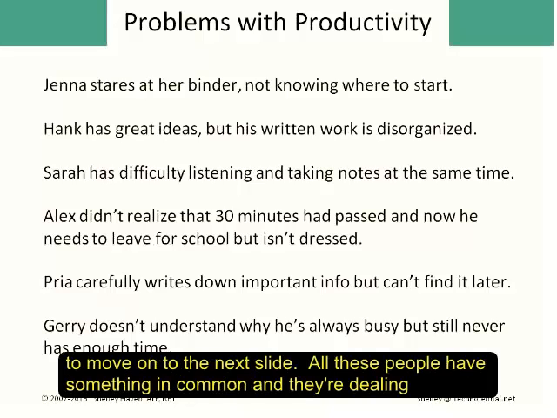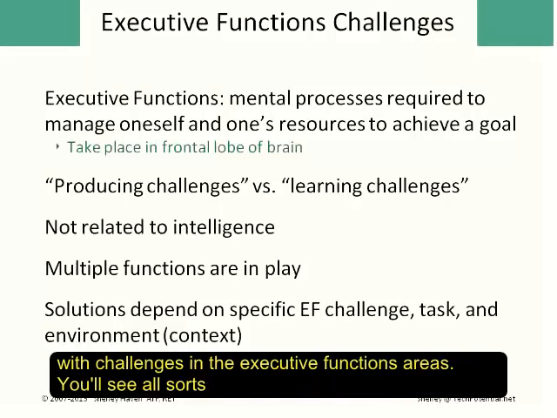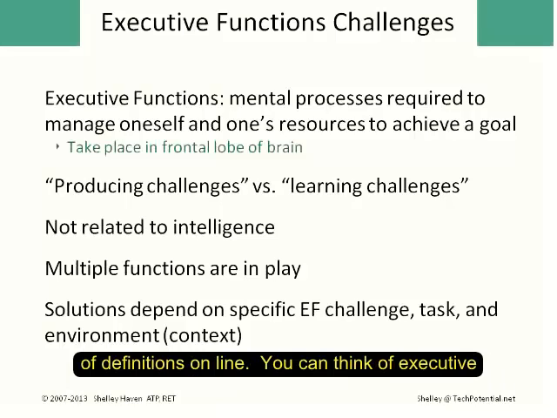I'm going to move on to the next slide. All these people have something in common: they're dealing with challenges in the executive functions area. You'll see all sorts of definitions online, so I've picked something short and sweet here.